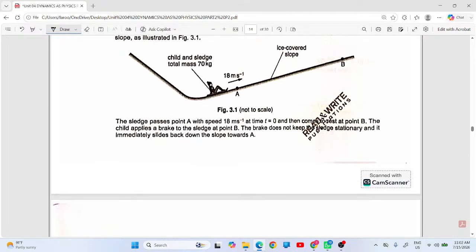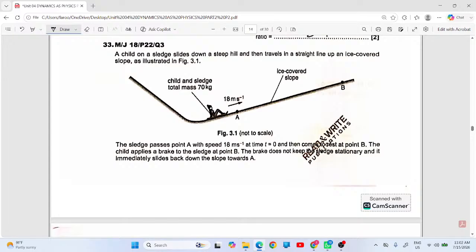Next is the child on a sledge who slides down the hill and then travels in a straight line up an ice-covered slope.